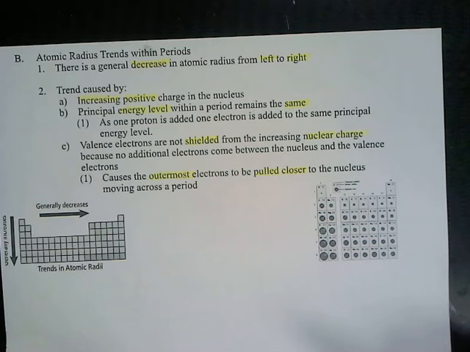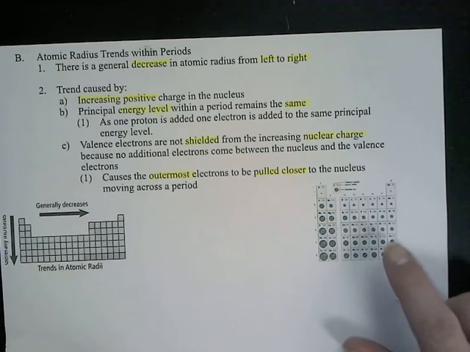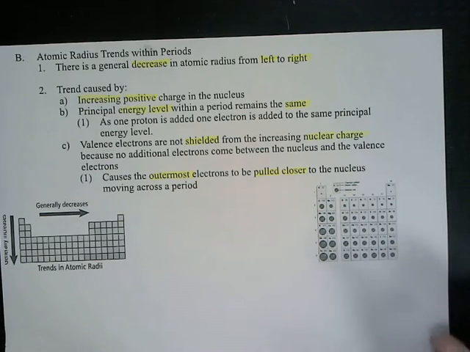And so what happens here is as you have a more positive charge, you can pull those additional electrons in closer and closer to the center of the atom. Again, all this is because we have more positive pulling power from the nucleus of the atom. And you can see our nice little trend here.